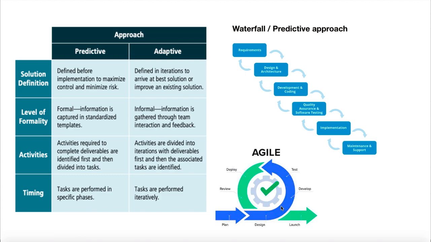So every iteration has that entire cycle: you do some analysis, development is done on certain stories, and then you do testing, and then it goes to production. And also there is value that is being delivered at the end of every iteration. That's what stands out from the predictive approach.